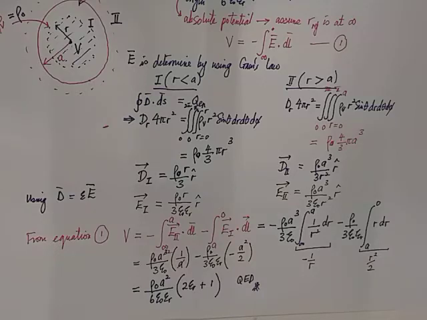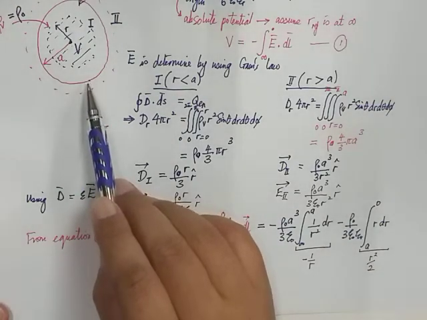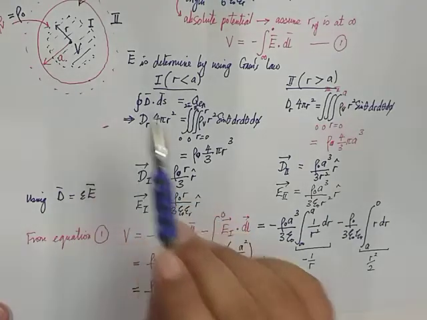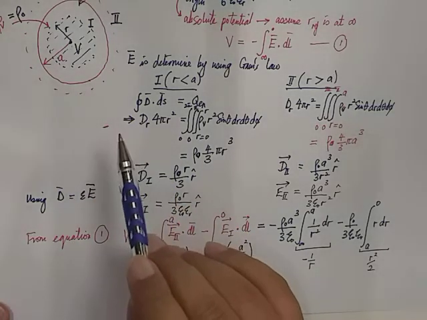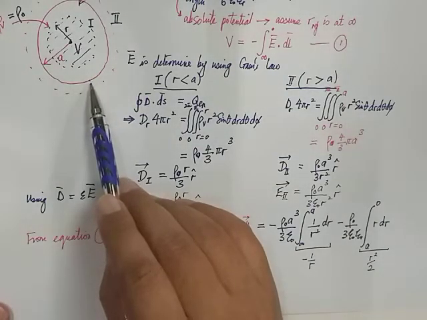I'm sure for part B, you can prove it yourself based on equation 1 here. But since the question wants us to find the potential on the surface of the sphere, we just need to do the integration of E from infinity to A. That answers the question, what should be the potential on the surface of the sphere?